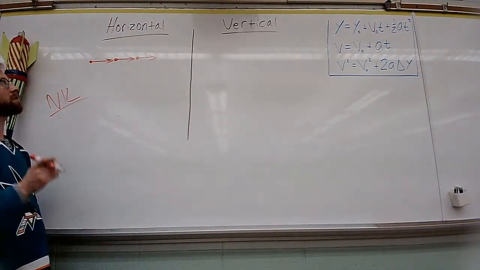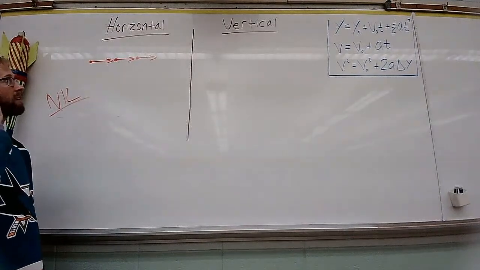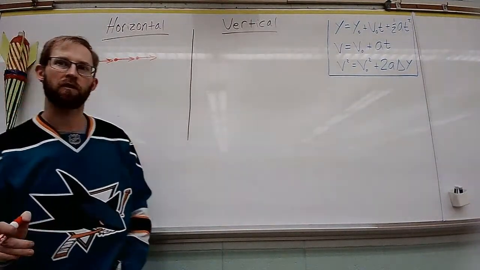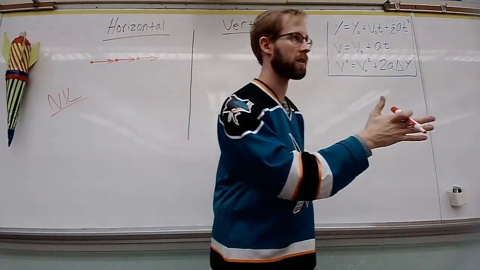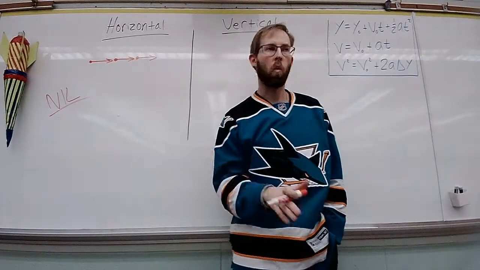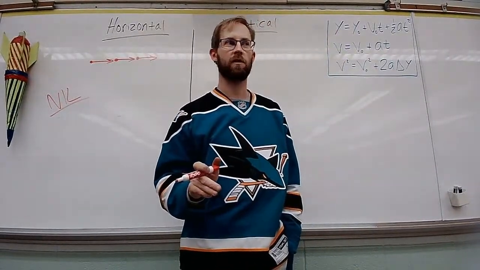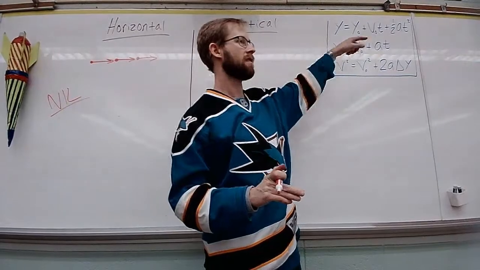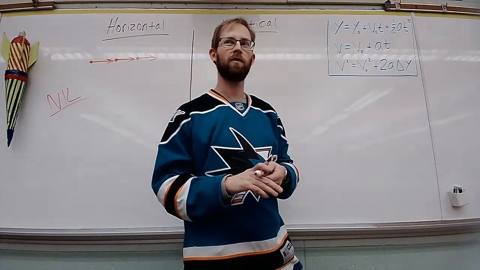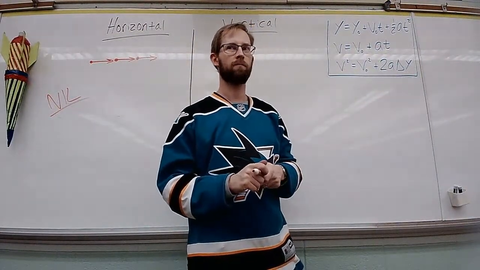Now, in terms of an object that's moving, where it does not accelerate, where it has the same speed the whole time like this, what equation do we use to figure out position? It's not up here. Anybody remember what it is? It's a real short one.